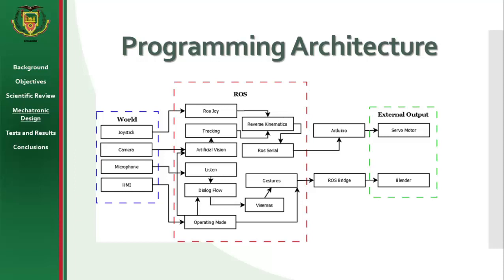Natural language. The nodes described below are used for Kylie's dialogue. Listening is a node that allows Kylie to interpret what a person says and translate it into text. It is done using the Google Speech to Text package.